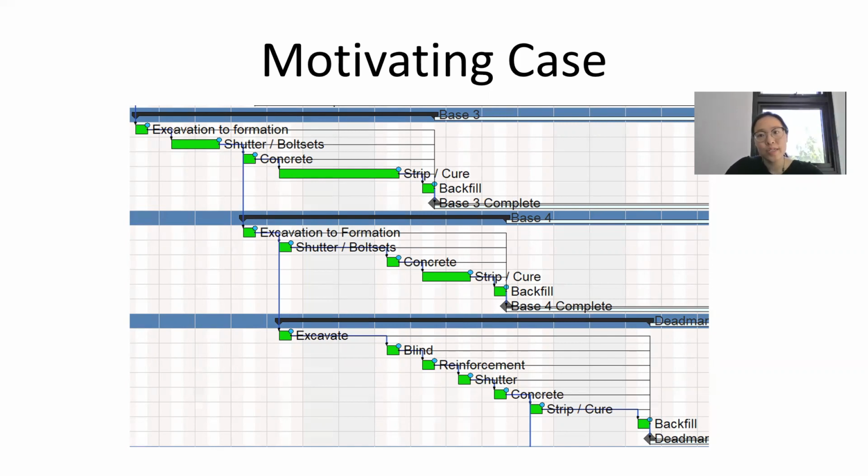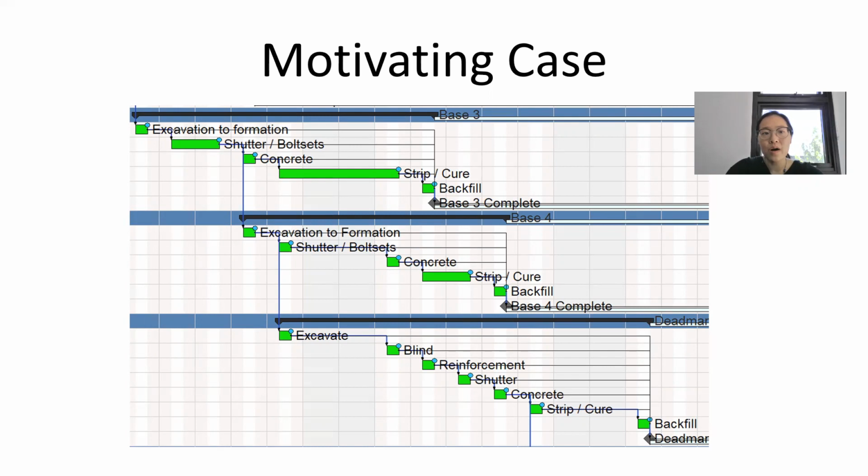This is a screenshot taken from a foundation construction project happening in the real world from our contractors. There are two levels of breakdown structure. The top one is base construction, for example, base 3, base 4, and probably base 5. That is written in the black bar on the blue ribbon.